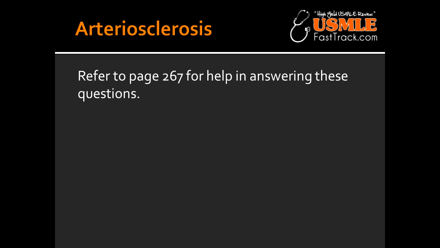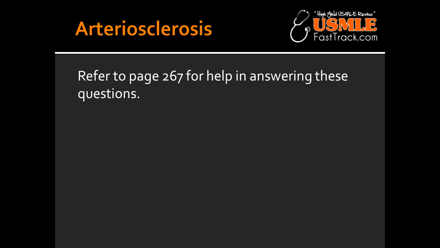What are the two types of arteriolosclerosis? The two types of arteriolosclerosis are hyaline and hyperplastic arteriolosclerosis. What is hyaline type of arteriolosclerosis? The hyaline type of arteriolosclerosis is when there is thickening of small arteries, and it happens in conditions such as essential hypertension or diabetes mellitus.